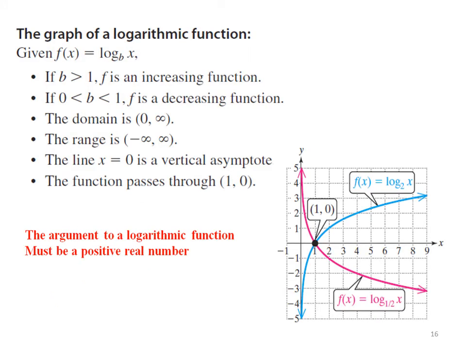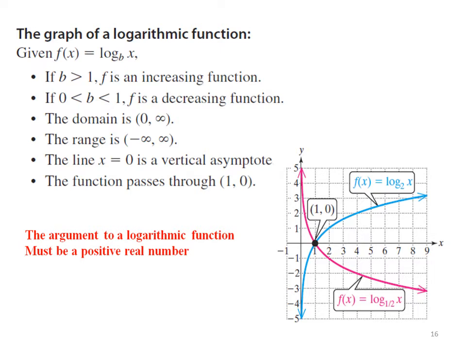Let's look at the graph of the logarithmic function f of x equal log x to the base b. As you would expect, the graph will depend on the value of b. If b is greater than 1, the function will be an increasing function.